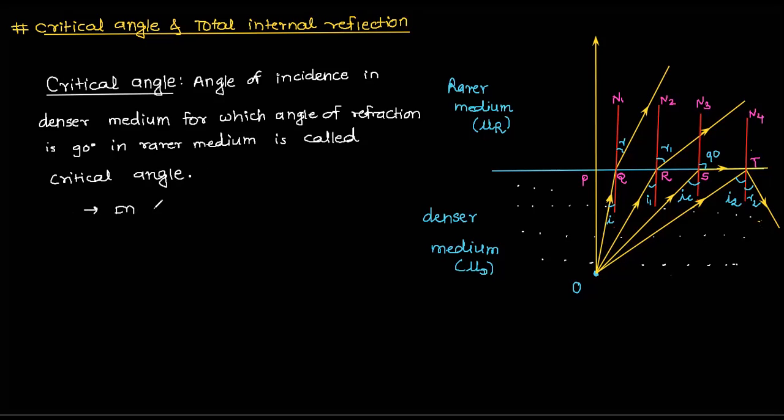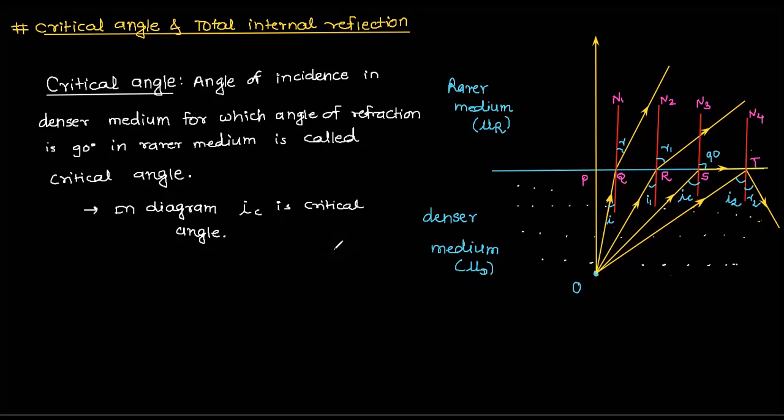In the diagram, IC is the critical angle at point S. Yes, you can see here. Okay, understood this critical angle, right?